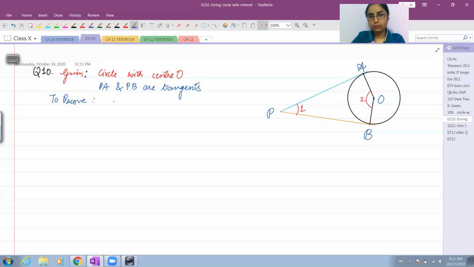You can either write down that angle APB and angle AOB, the sum of these two is 180 degrees, or simply write angle 1 plus angle 2 is equal to 180 degrees.